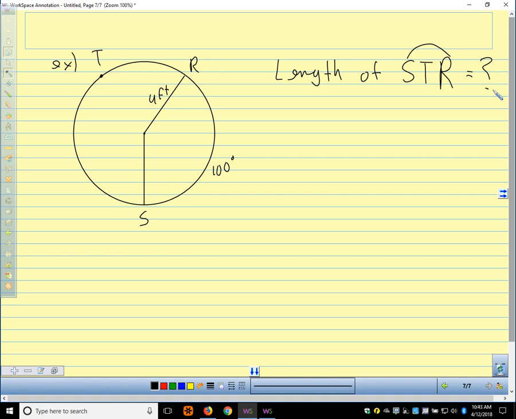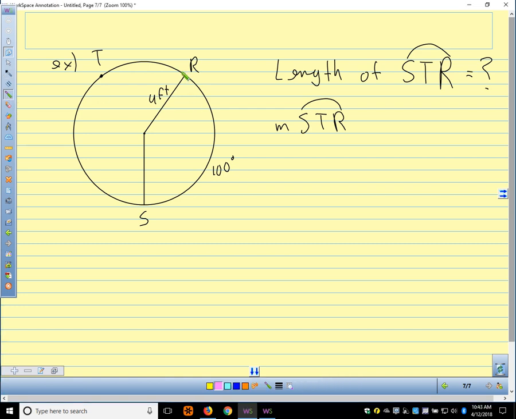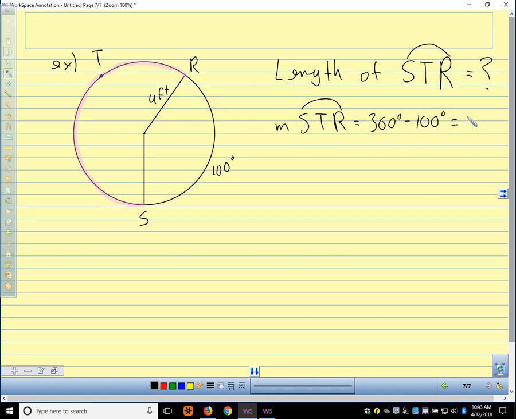Well, the first thing we need to know is the angle measure of arc STR. So we're looking at this arc around this side. There's STR. What's the angle measure of that arc? We know that arc SR, the minor arc, is 100 degrees. What's left for arc STR? 260. So I could say 360 minus 100 is 260.